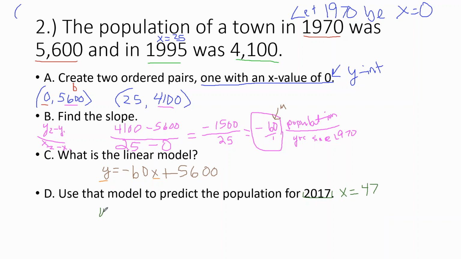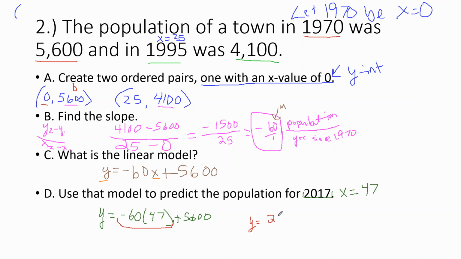So we go back to our model and we plug 47 in for x. Again, you multiply first, make sure you keep that negative in there, and then you add 5,600. I got 2,780.